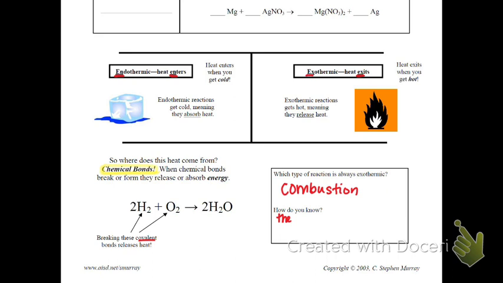The substance burns in combustion. Whatever it is, the substance is going to burn.